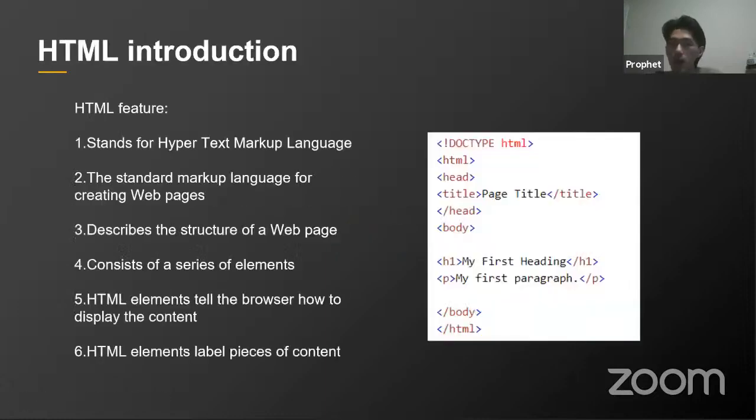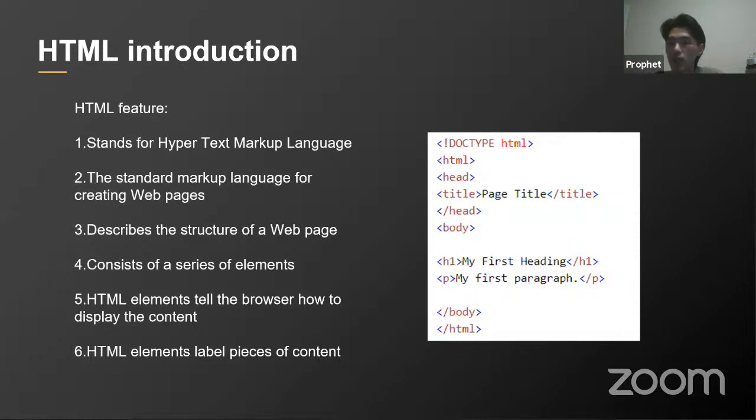Okay, so at first, we are going to talk about some features of HTML. The first thing is what HTML is. HTML is, in fact, a hypertext markup language. There are some points here. The first is that it is a markup language. What does markup mean?